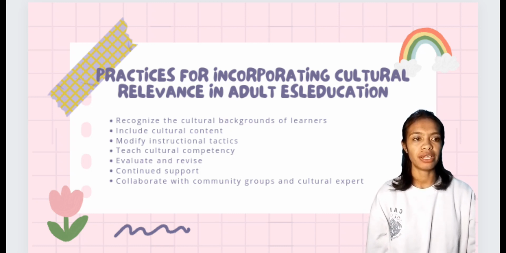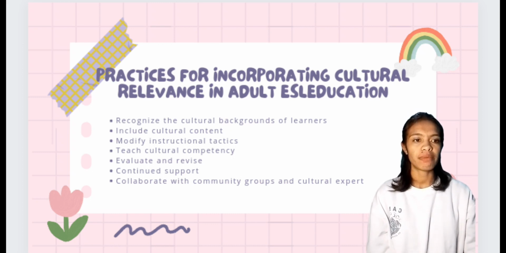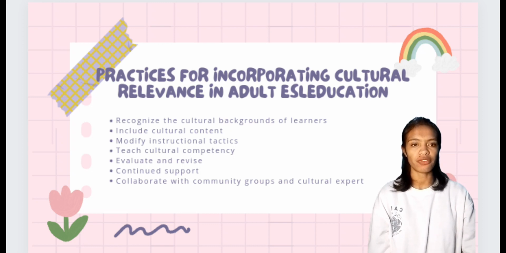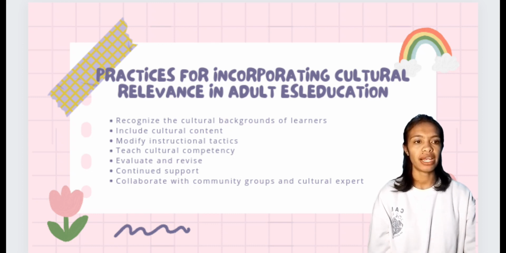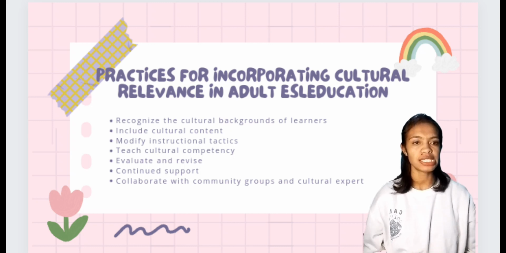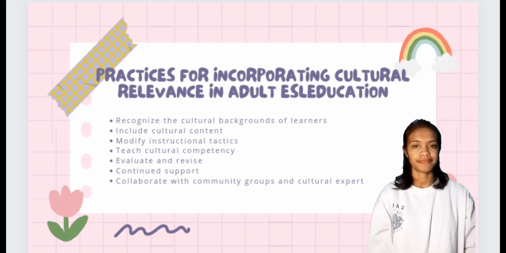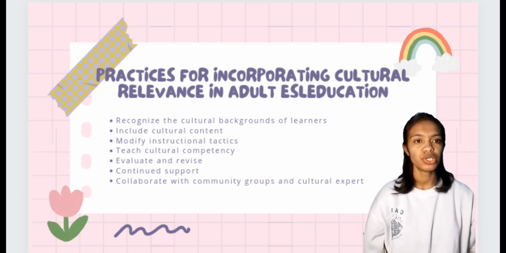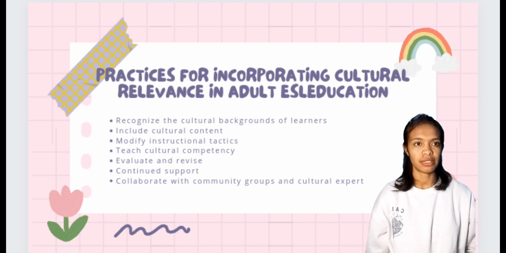Teachers must make the effort to comprehend the cultural background of their students in order to integrate cultural relevance into the teaching and learning process. Understanding their cultural values, beliefs, habits, and behavior is one way to do this. The second, include cultural content.